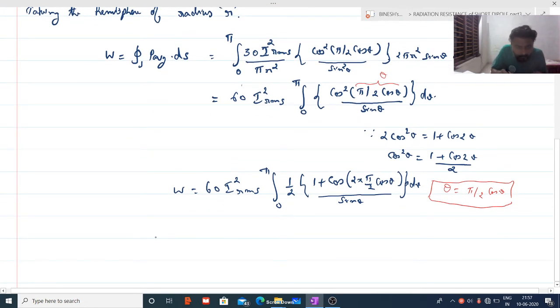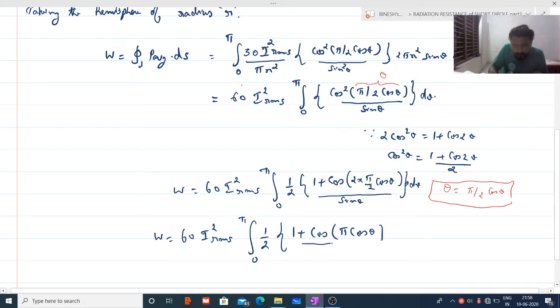That changes to W equals 60 I square RMS into the integral from 0 to pi of 1 by 2, 1 plus cos of pi cos theta, divided by sin theta, into d theta.